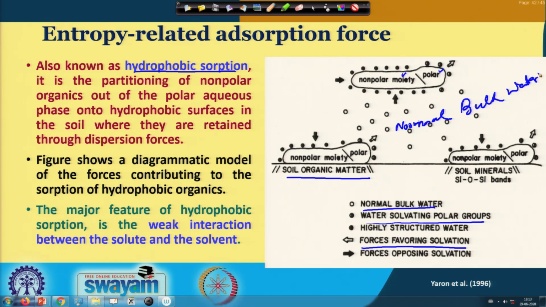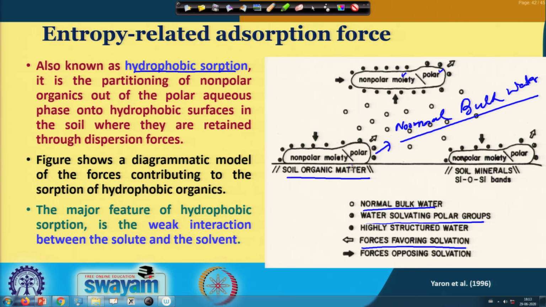So, obviously, this polar phase will feel the affinity towards this normal bulk water, which is polar. So, there will be an attraction of this polar phase for solvation in this aqueous phase.